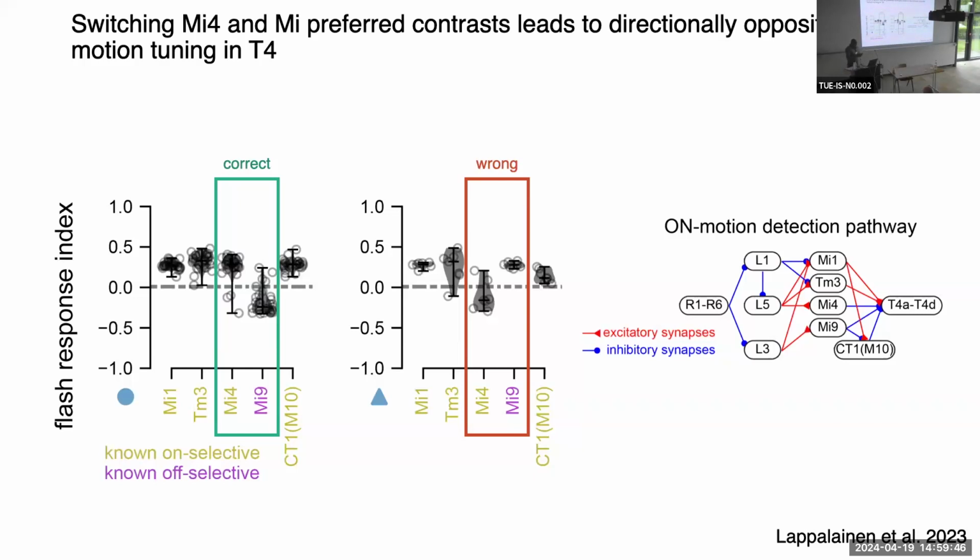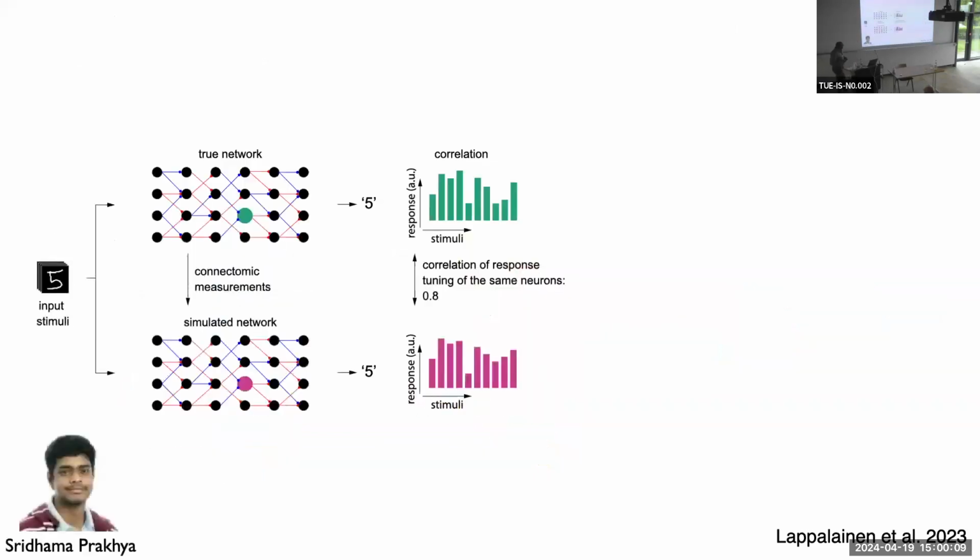And so this is a way of really exploiting all these measurements, such that you only need a sparse number of activity measurements in order to make very strong predictions about what all the other cell types in the system would be doing, which without the connectome, you wouldn't have a chance of doing.